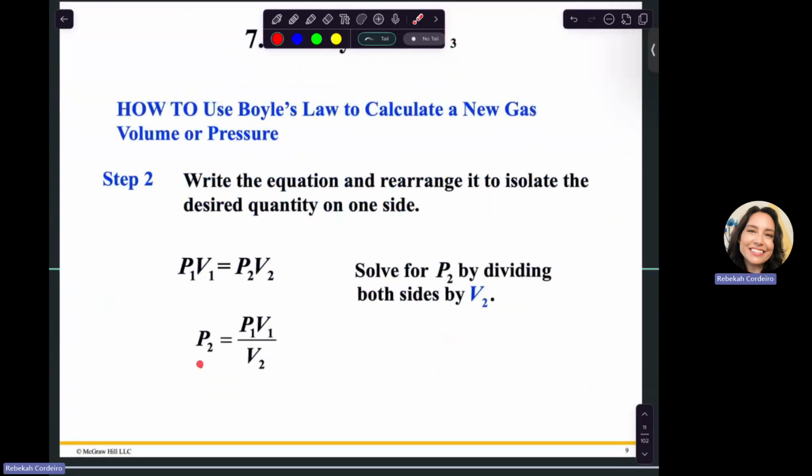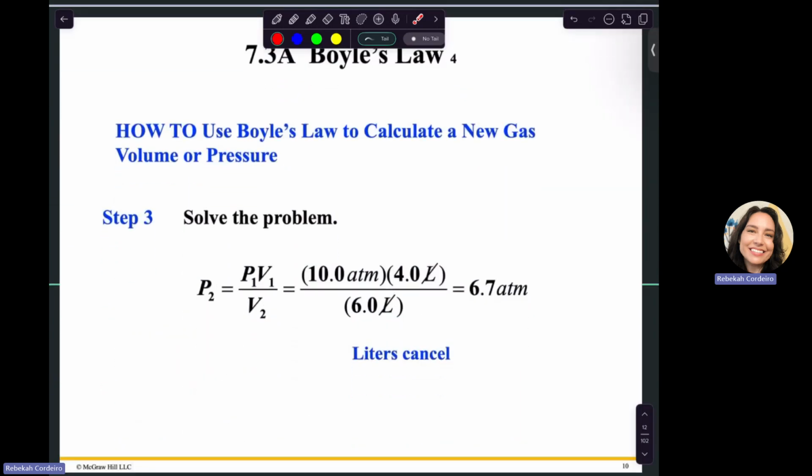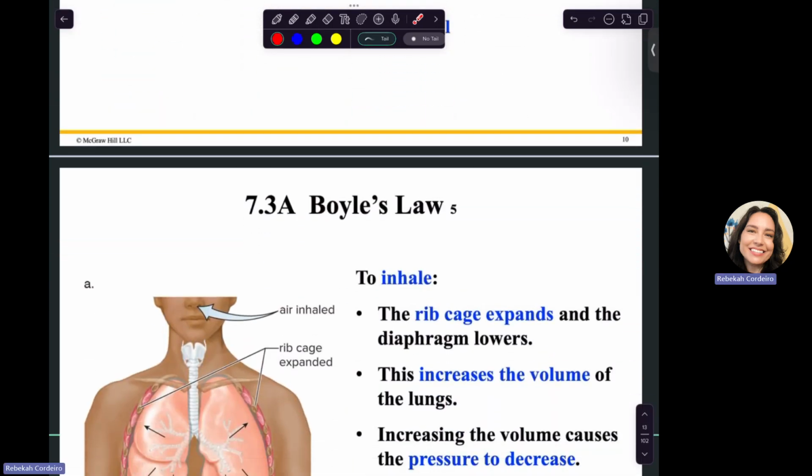We can rearrange our algebra first. I totally think that you should do that, especially if you know that algebra is not your strong suit. Let's rearrange our variables first, and then we'll plug our numbers in. And make sure that your units are going to cancel. For example, this one was milliliters and this one was liters. We have to do some kind of conversion to make that work. And then we'll just plug and check. This doesn't have to be that difficult.